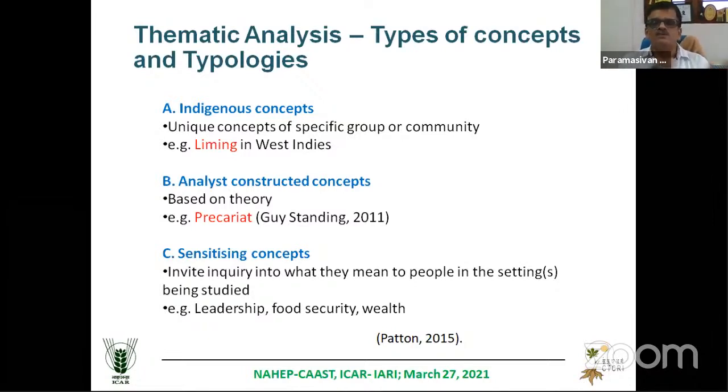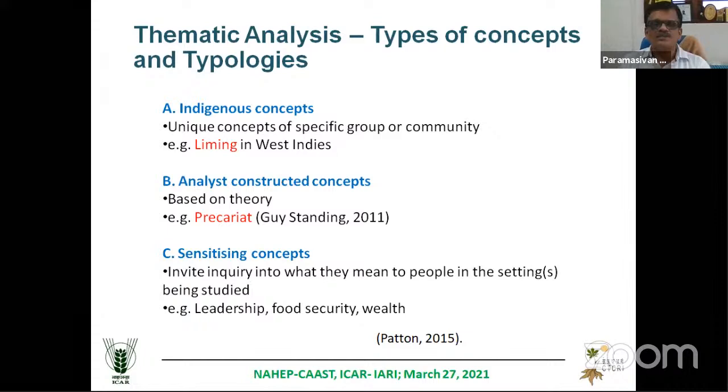Something has happened which is unwanted from the trainer's perspective, but really it is a good point. From next time onwards, the training evaluator has put liming in as one of the constructs in training effectiveness evaluation. So that's an indigenous construct put into the training evaluation based on his experience in the previous data collection.